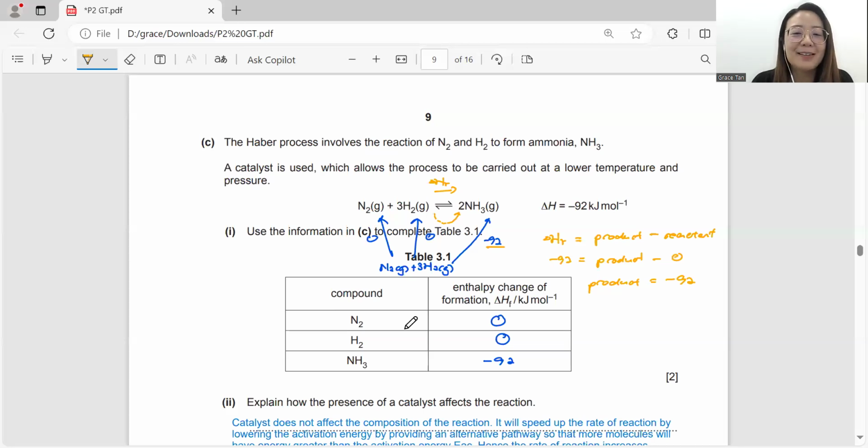I started thinking for some time, but eventually I have to ask myself, enthalpy change of formation is defined as the enthalpy change when 1 mole of nitrogen is being formed or 1 mole of hydrogen is being formed, and so on and so forth. So I ask myself the question here.